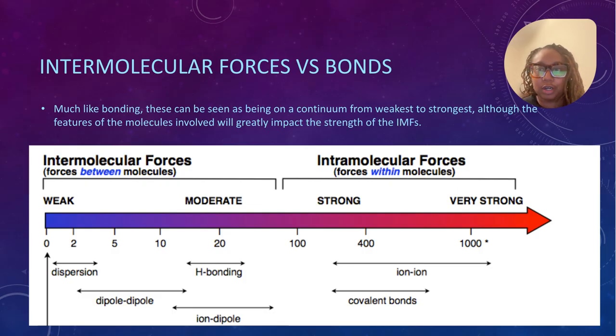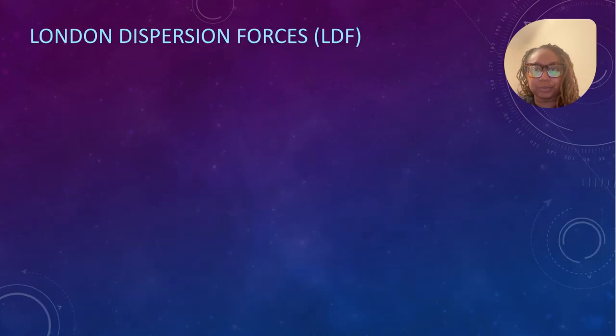Inter means the forces that hold molecules together, like a water molecule to another water molecule, versus intra, which is what holds the water molecule itself together. That part does matter, to be able to distinguish. So make sure that you're paying attention to this scale. This is really helpful.